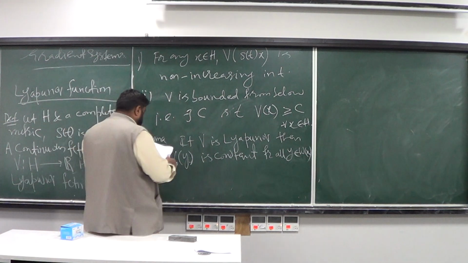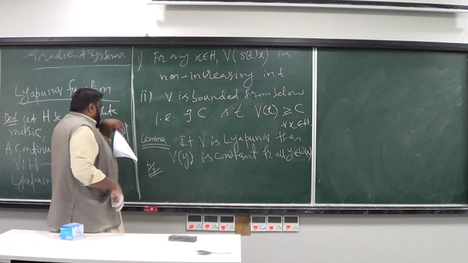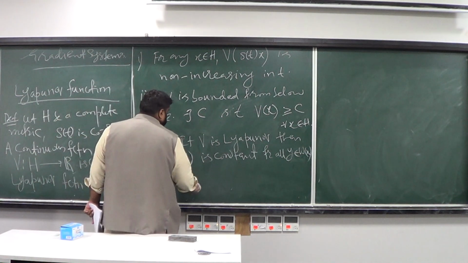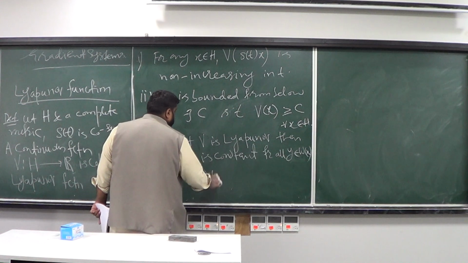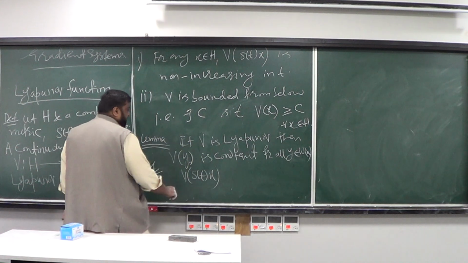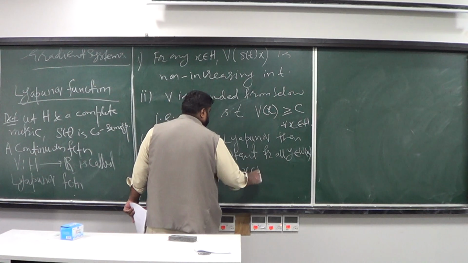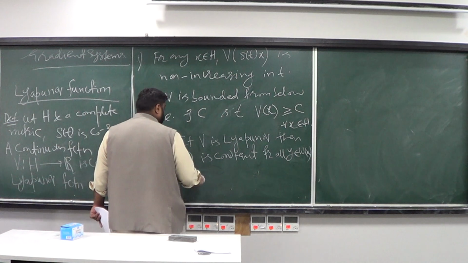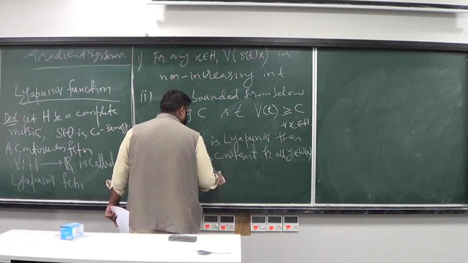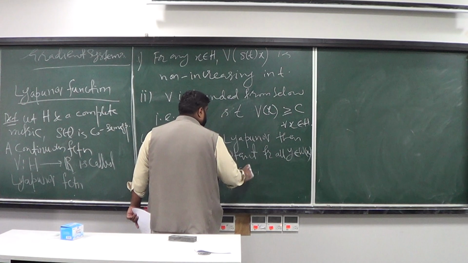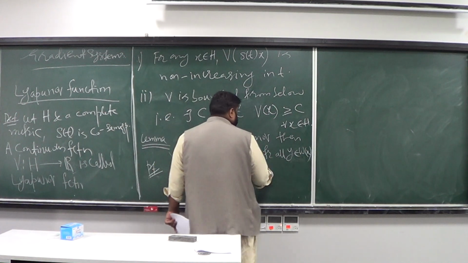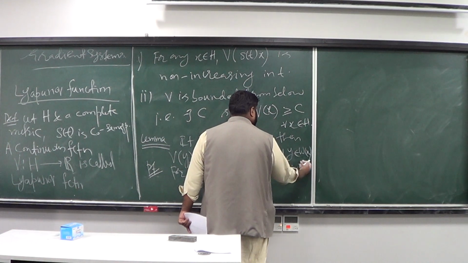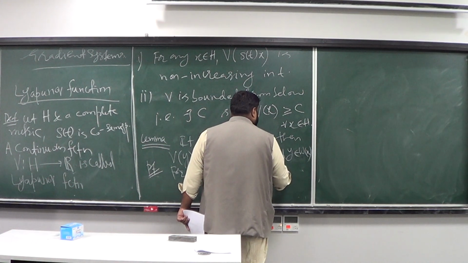Proof of why this would be the case. Now, what we know about v of S of t operated onto x, obviously x is from H, should write in this manner that for x in H, v of S of t x is non-increasing.